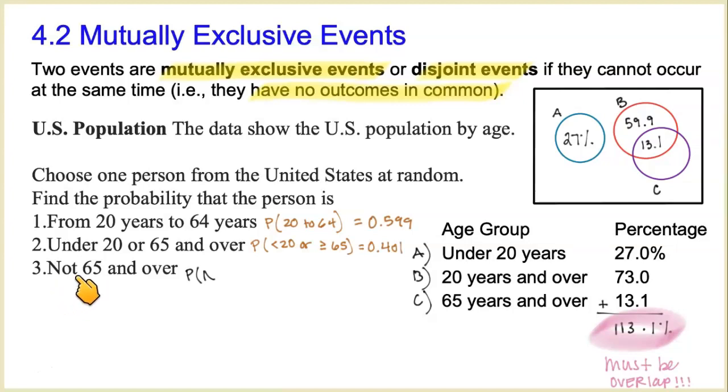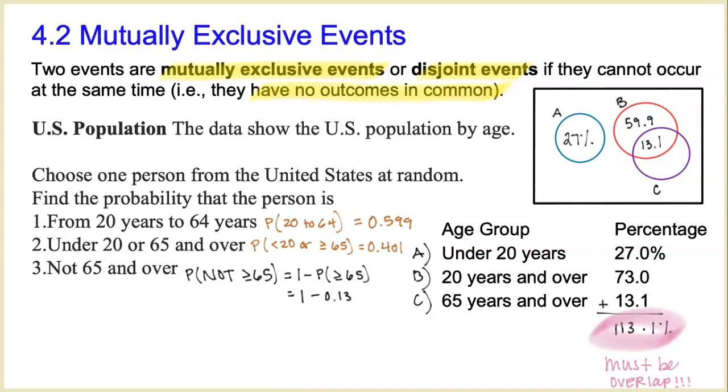So if you are not 65 years or older, then we can definitely use a complementary event here. We don't really have to, but we certainly could. So anyone who is not 65 years or older, that's the probability of the entire population minus someone who is over 65 years old.